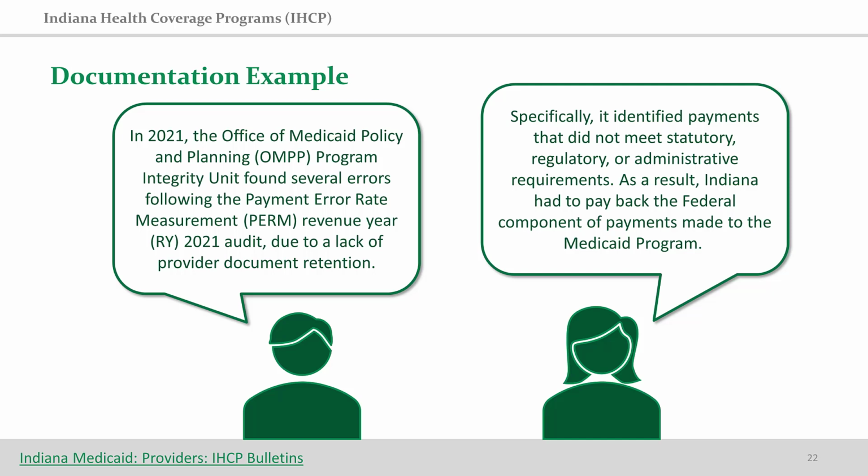This ultimately impacts the monies available to service the Indiana Medicaid and CHIP patients. It is important for the providers to maintain complete and accurate medical records per the IHCP policies and regulations.